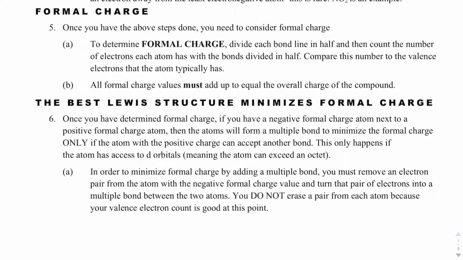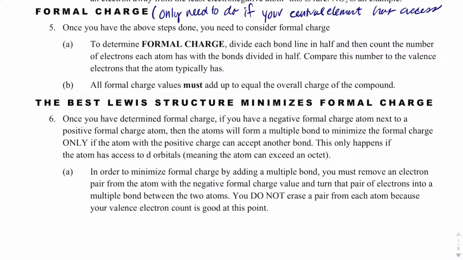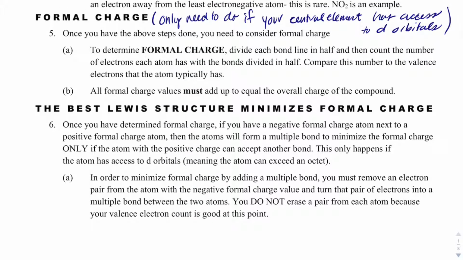Now, formal charge. Formal charge you technically only need to do if your central element has access to d orbitals. What I mean by that is everything has a formal charge. You can figure out the formal charge for everything.